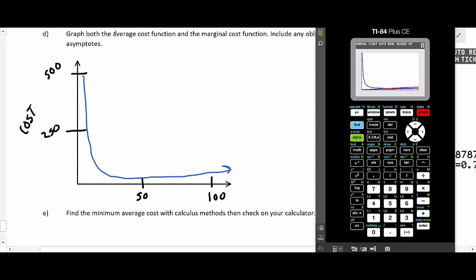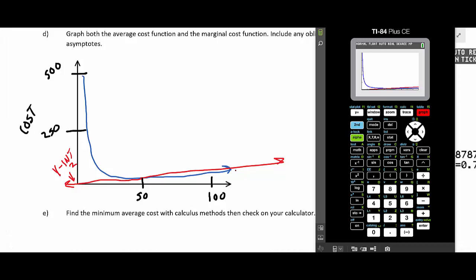Then let's just estimate this. It doesn't make that much difference for what we're going to do. Let's put in the line. That's supposed to have a y-intercept of 2 right there, and then that oblique asymptote. That's not a very good graph, but the idea is, as you go to infinity, what's happening to the average cost and the asymptote?